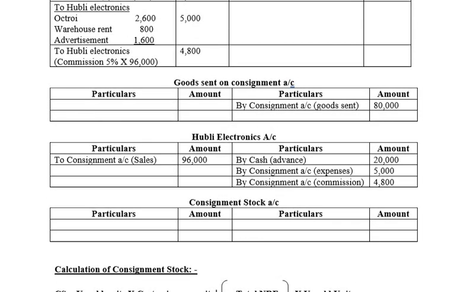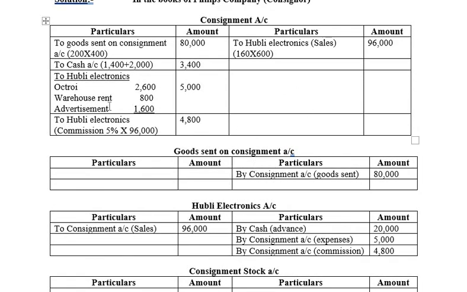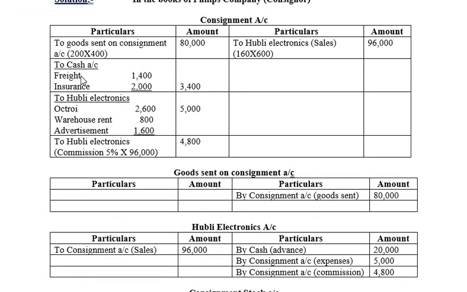Non-recurring expenses are expenses incurred by the consignor as well as the consignee. Here we need to find out which are recurring and which are non-recurring. These are the expenses incurred by the consignor and these are the expenses incurred by the consignee.